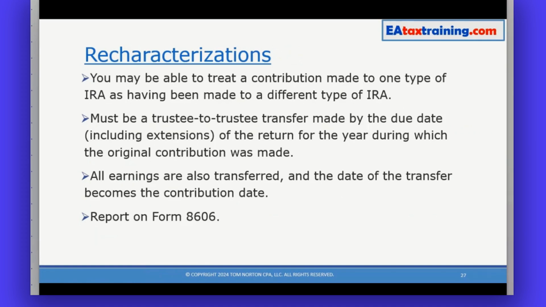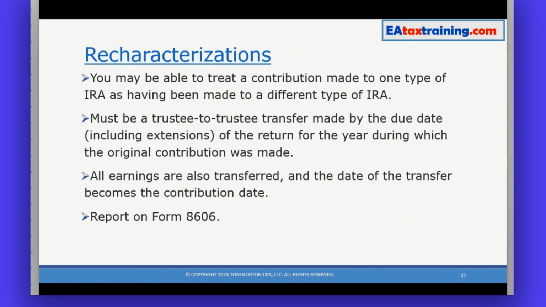Recharacterizations. You may be able to treat a contribution made to one type of IRA as having been made to a different type of IRA. Typically, what this will be is you set up a traditional IRA and then you change your mind and you decide you want to make it a Roth IRA.